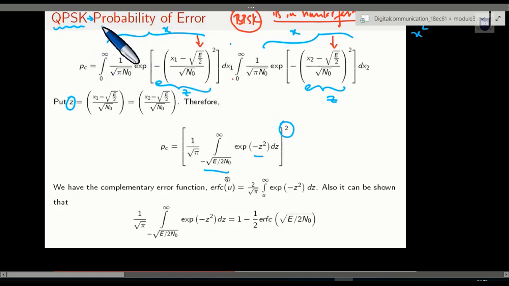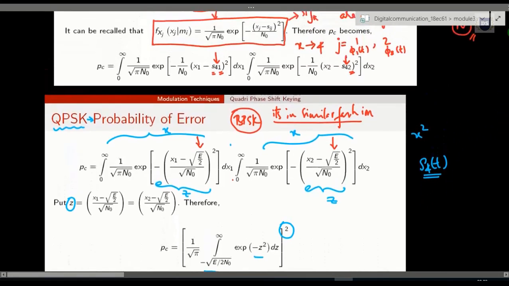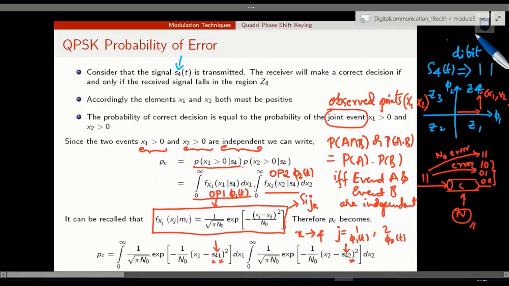In the process of deriving the mathematical formula for probability of error, we considered signal s4(t) to be transmitted, for which the necessary condition at the receiver for proper decoding is that both x1 as well as x2 should be greater than 0.